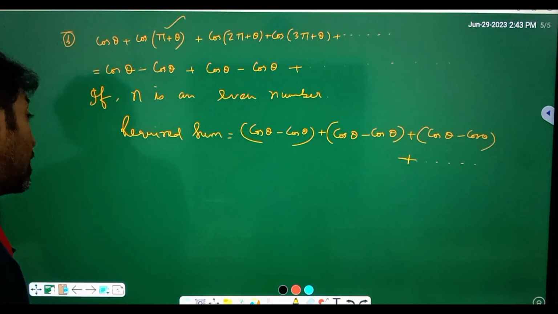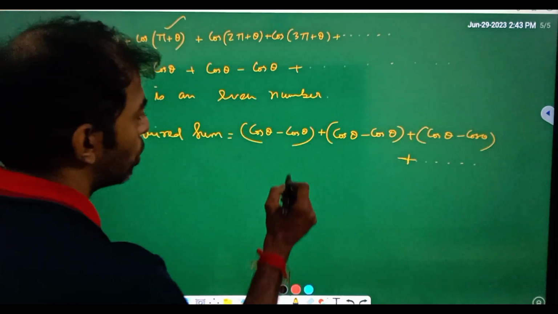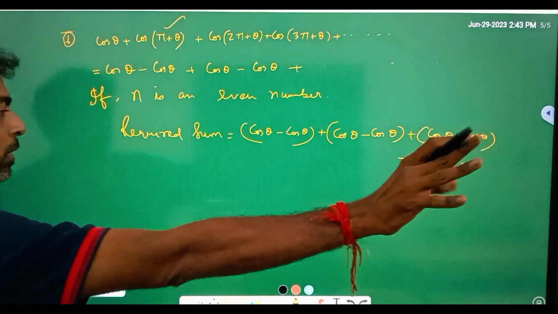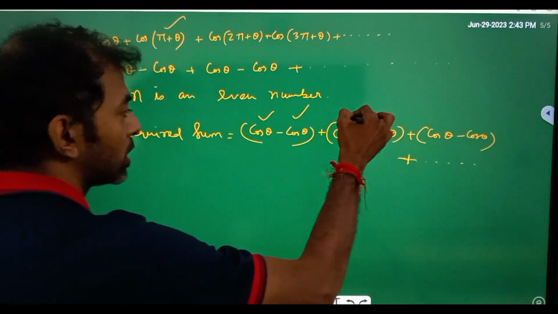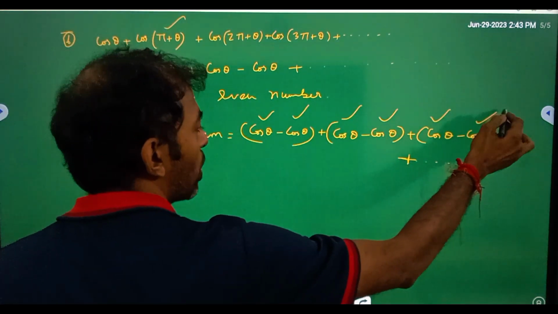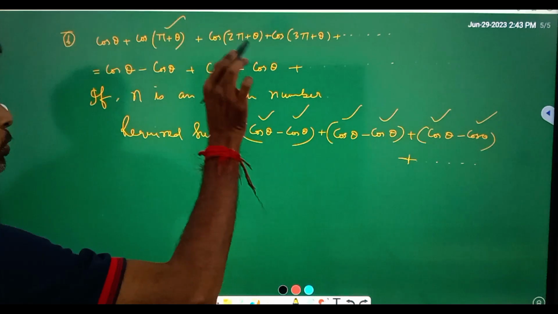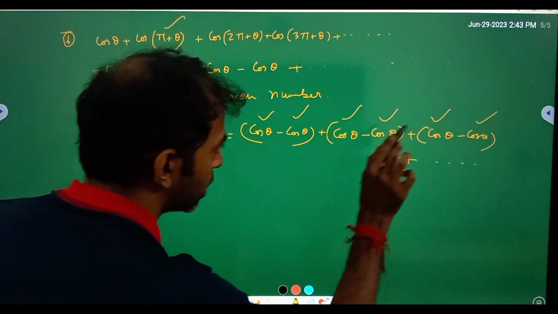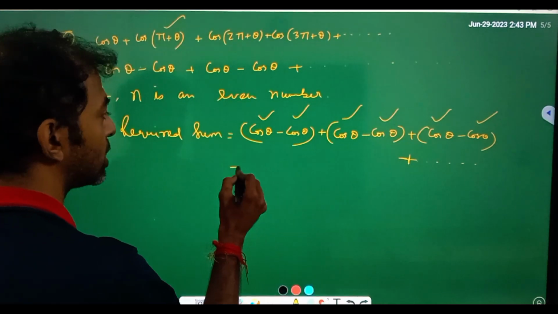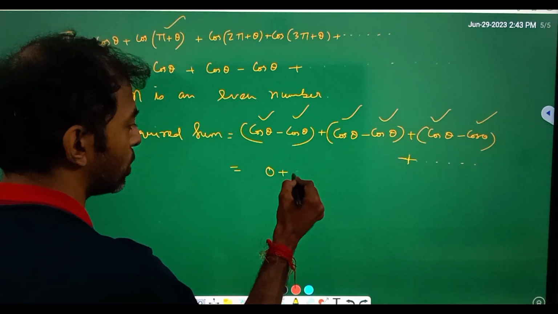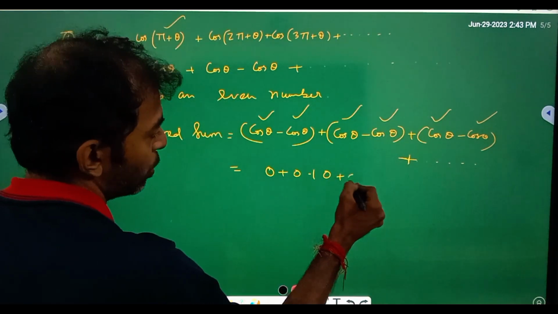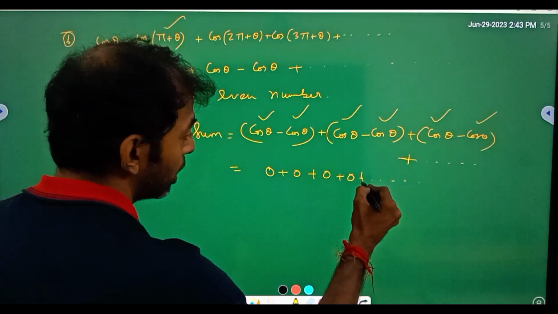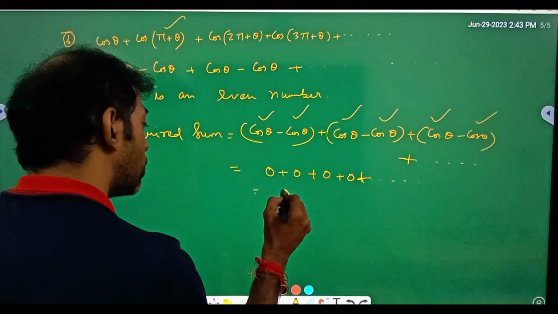So if you are considering an even number of terms, the bracket will end in some time. For any even value of n, for a cos theta there will be a minus cos theta also, and so the result will be 0 plus 0 plus 0, and so on. Now the total result will be 0.